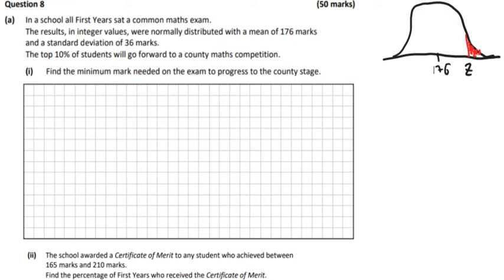Now remember, you can only look back for less than or equal to Z. So the red part there is going to be 10% or 0.1, and then what I shaded in black has to be 0.9. So we're going to look up a Z score for 0.9.